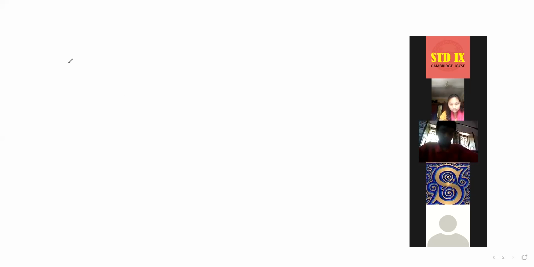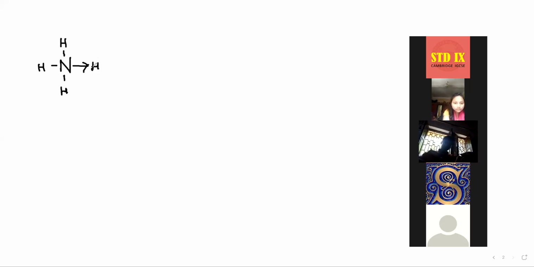Now, if you are seeing a diagram like this, this is one edge, this is another edge, this is another edge, and an edge here with the arrow like this. What is the meaning of this diagram? Who can tell me the meaning of this diagram?